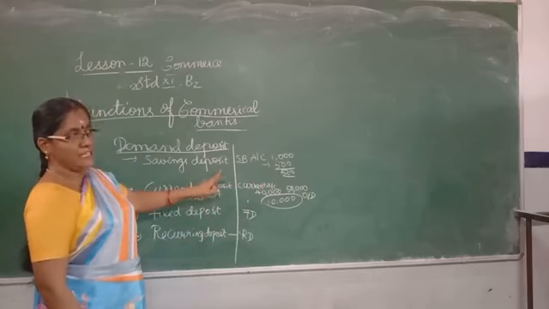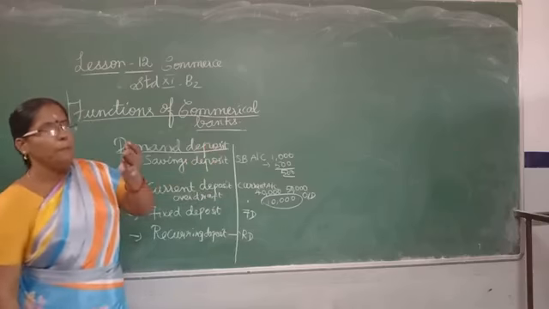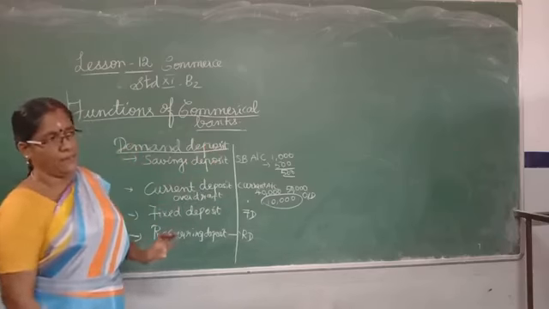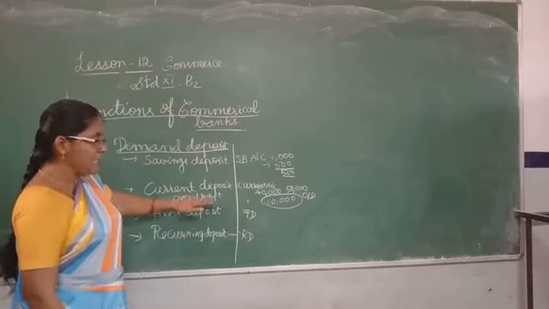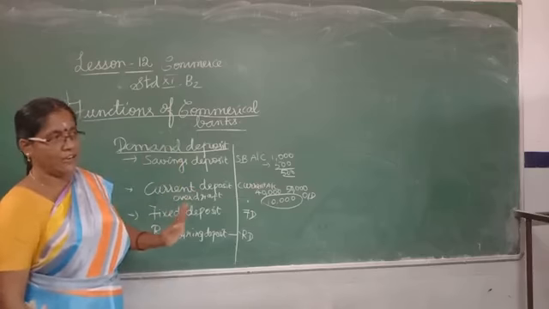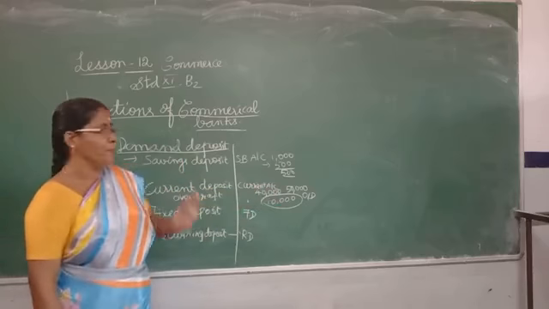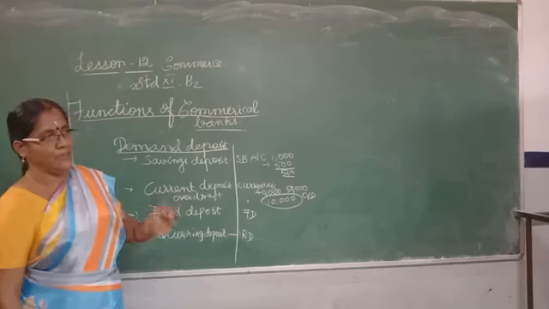Savings deposit also gives interest, but it is meager interest for our deposit. In this current deposit, we cannot get any interest in our account, so we can enjoy the overdraft limit alone. Then next one, fixed deposit.